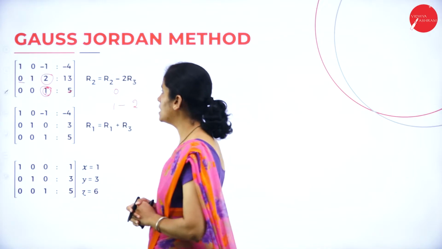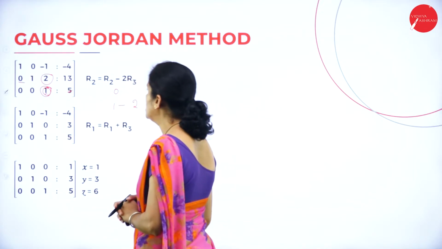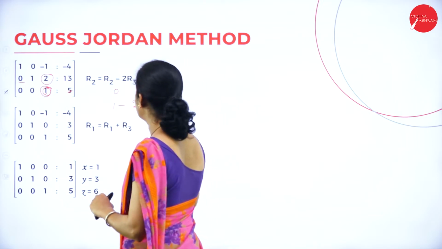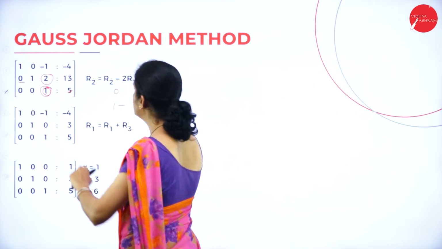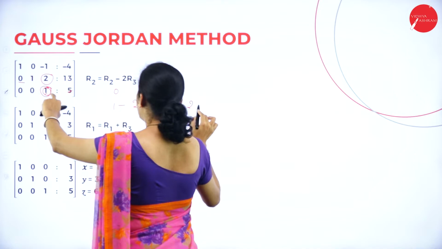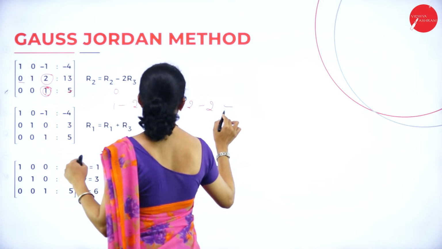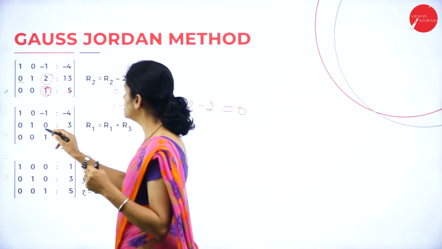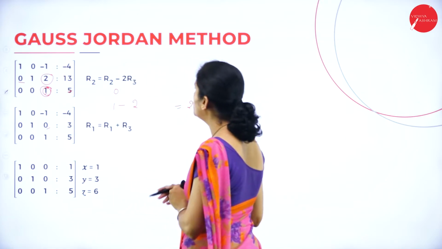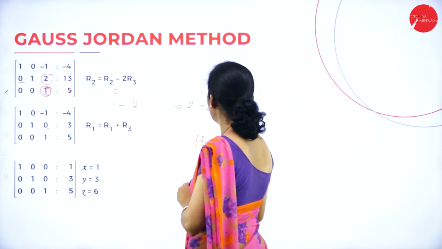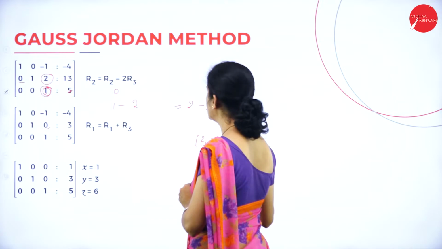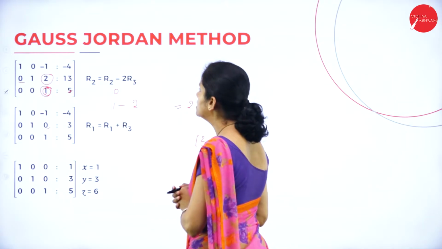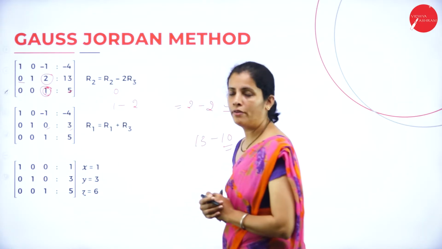So I'll get the answer 1. Then see here, R2 is how much? It is 2 minus 2, which is 0. So I'll get the answer 0. Now R2 is 13 minus 10. So the answer is 3.